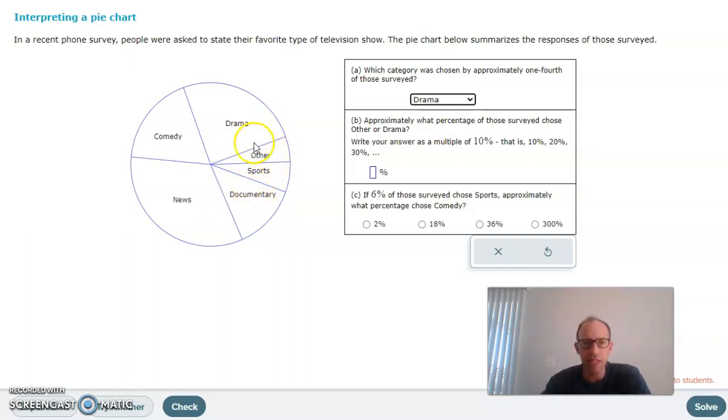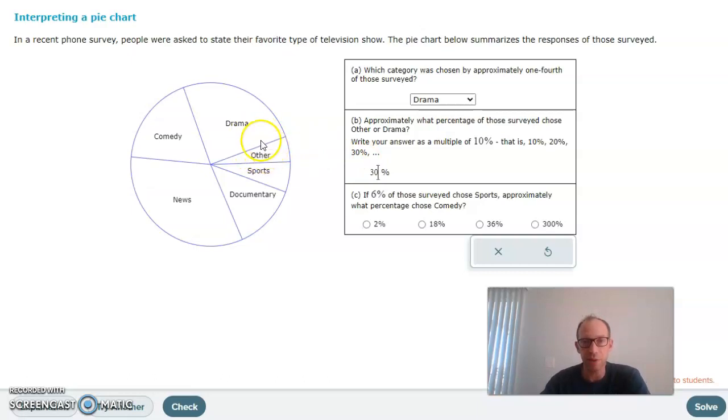So that would be saying that this other category is 15%, because drama plus 15 would be 40. And then sports plus documentary would only be 10%. That clearly isn't right. Other is smaller than sports and documentary combined. So that's how we know that this is 30% and not 40%.